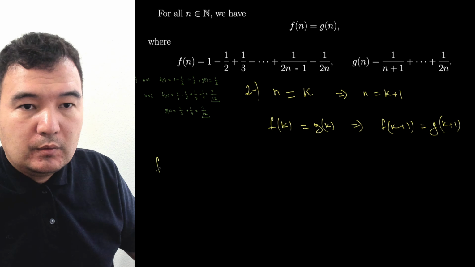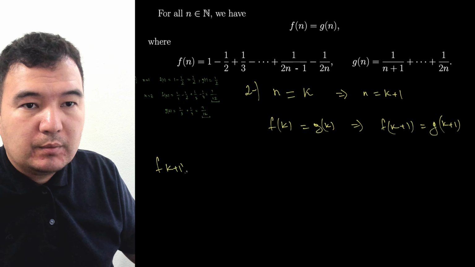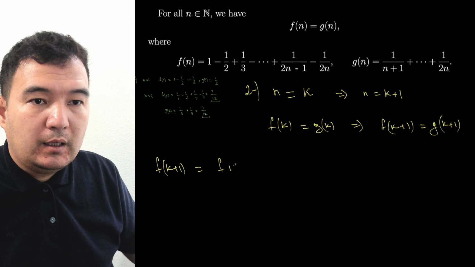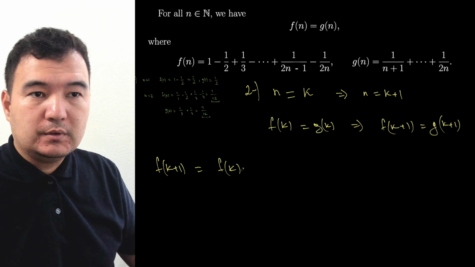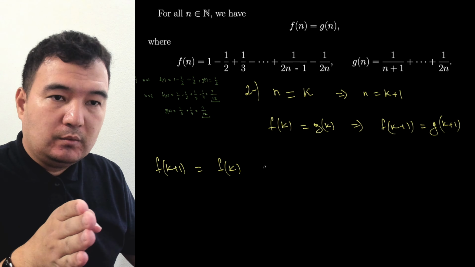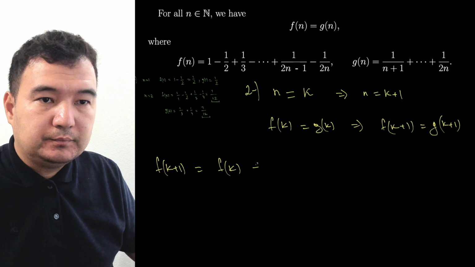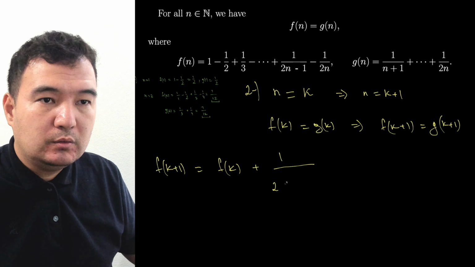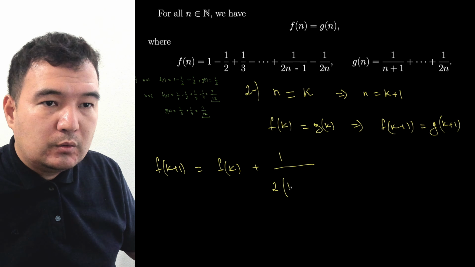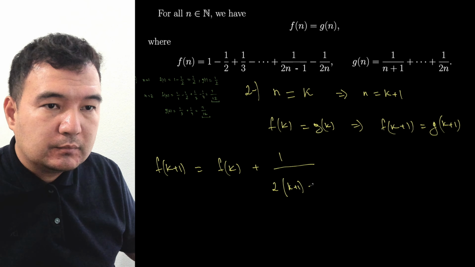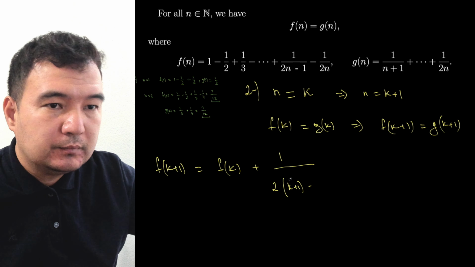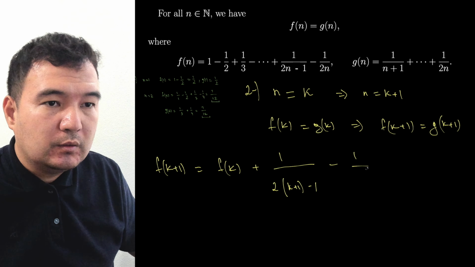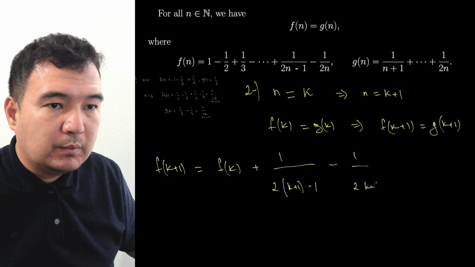If you rewrite f of k plus 1 in terms of f of k, it should be f of k, so all the 2k terms, and then plus there will be two extra terms, 1 over 2k plus 1 minus 1 over 2k plus 2.